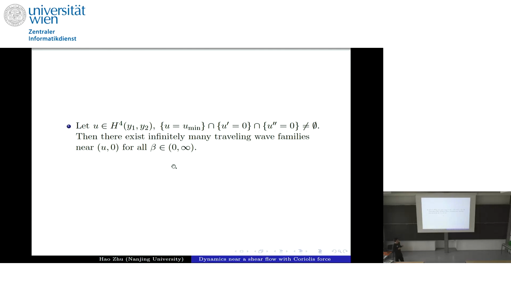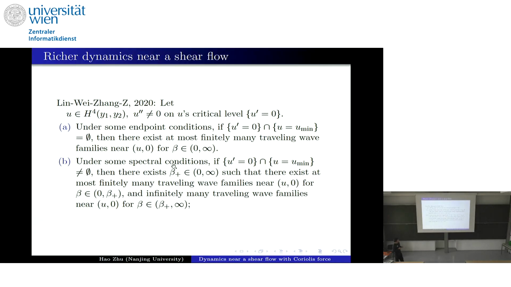Therefore, for such a profile, for any positive beta, there are infinitely many traveling wave families. So if the shear flow is not singular, then the dynamics near the shear flow may be relatively simpler.